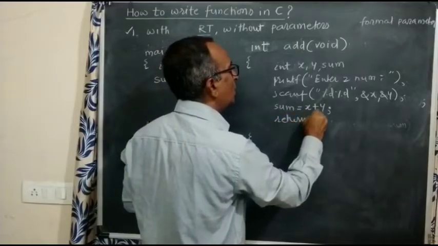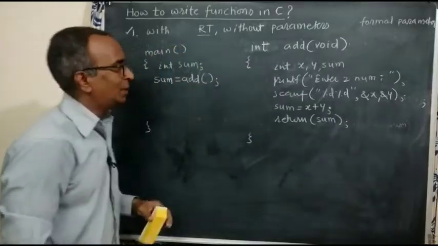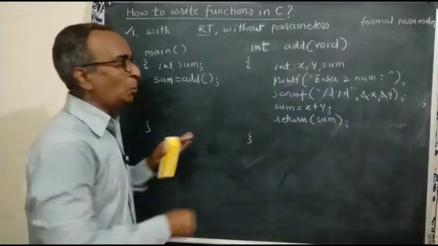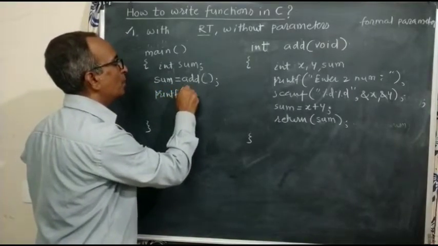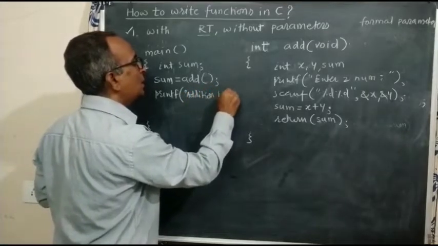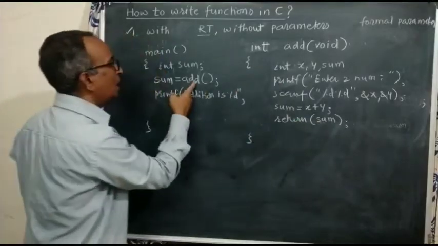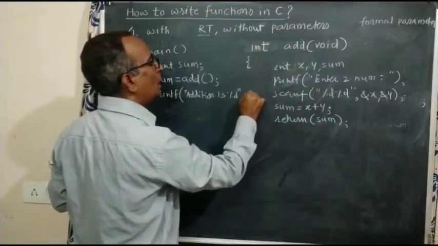So return sum. That's it. So who will print the output now? This main function will print output: addition is. Where is the addition now? Whatever sum is returned by this function will be taken in sum, and that you are printing here.